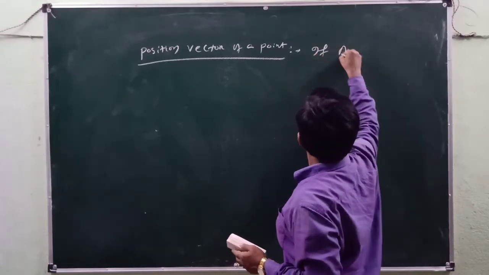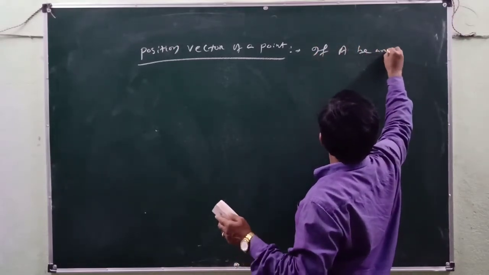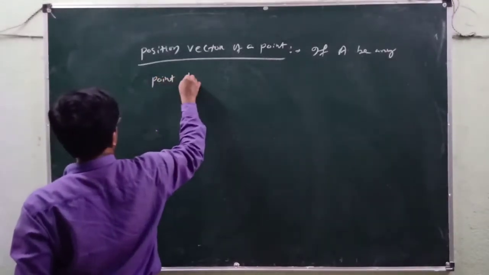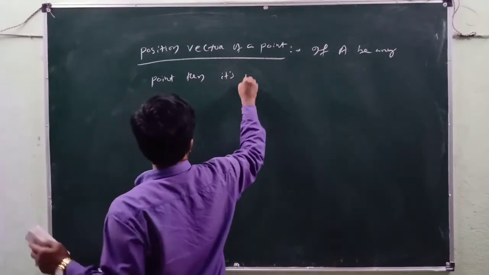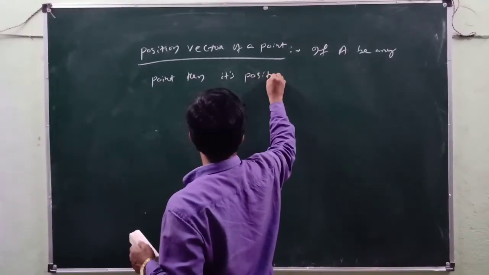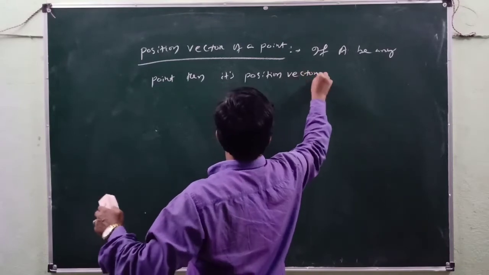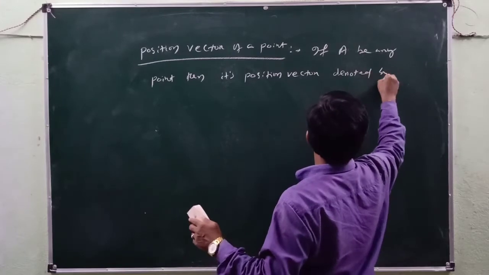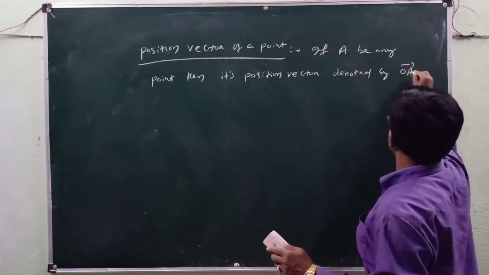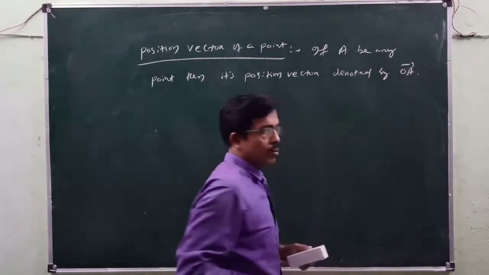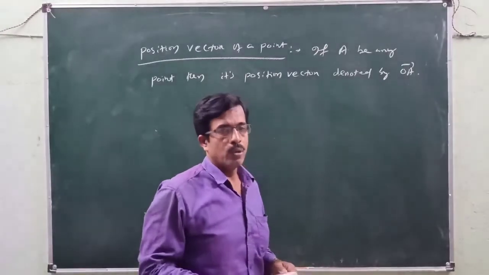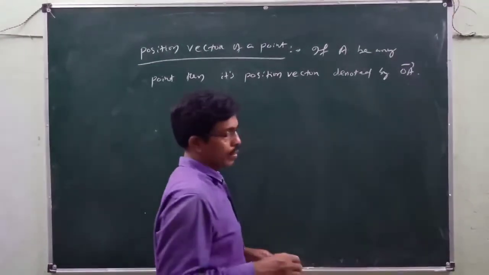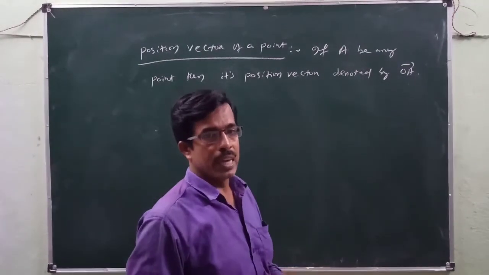If A be any point, then its position vector is denoted by vector OA. Always remember, a position vector is a vector whose initial point is at the origin. That means a position vector's initial point is always at the origin.